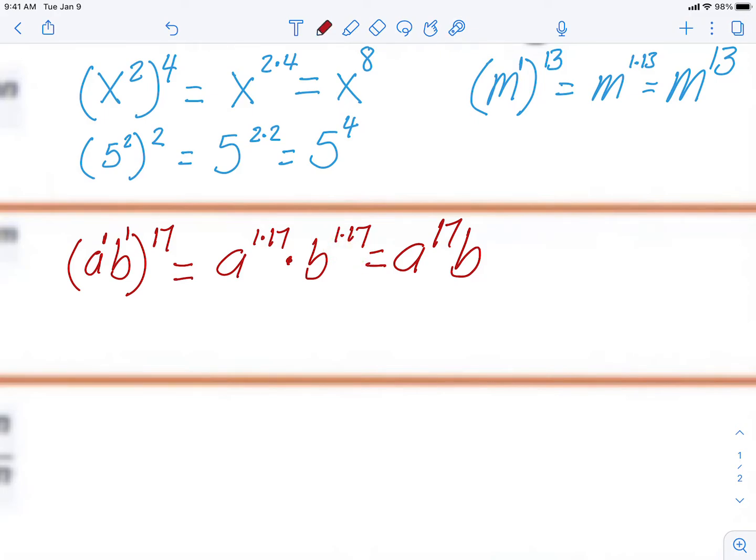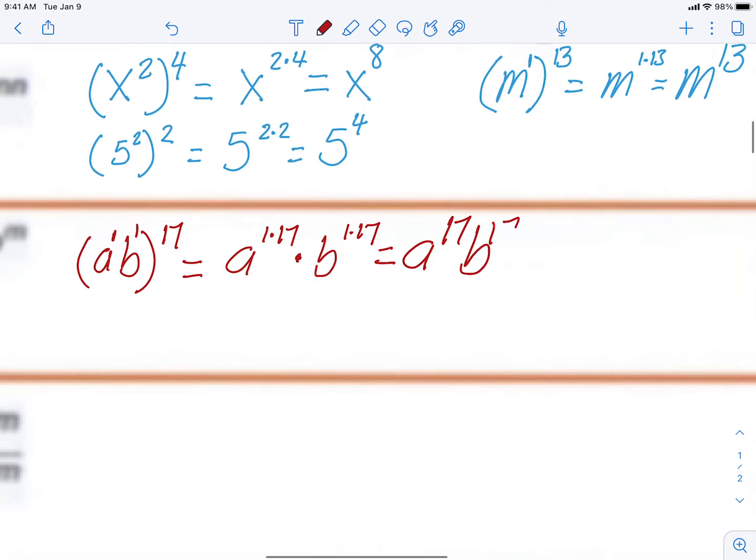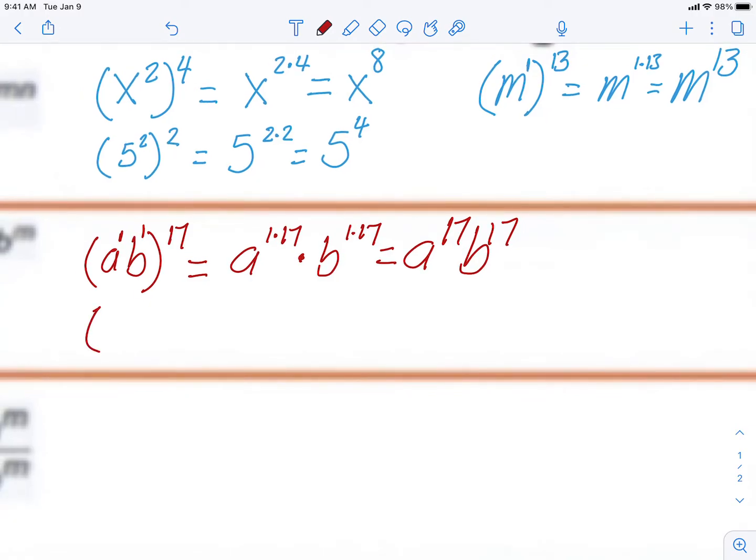That's a weird one. So the exponent on the outside distributes. It multiplies everything by the inside. We could do the same with numbers.